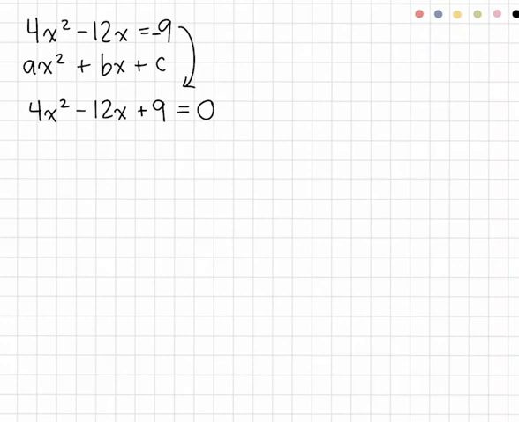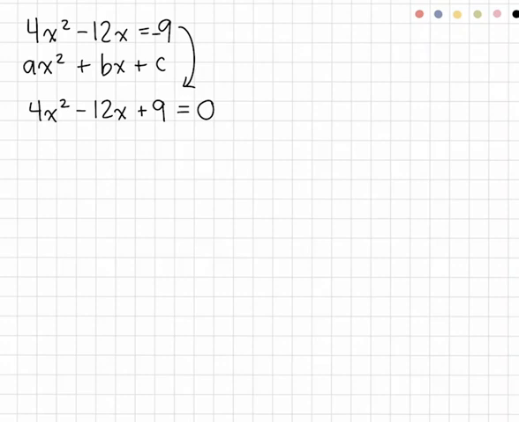So this is the process you follow again anytime you're trying to factor, to go from standard to factored form to find your x-intercepts. If I look at this right now, I'm noticing that it's actually a perfect square trinomial, so you could solve this by factoring. But because the quadratic formula is real-life sorcery, we can actually still use it here to find out the roots of this quadratic equation. So let's try it.